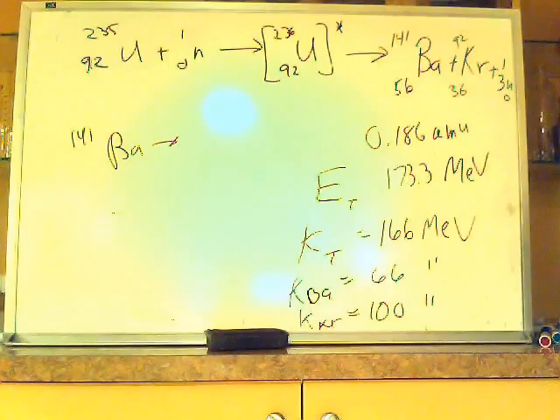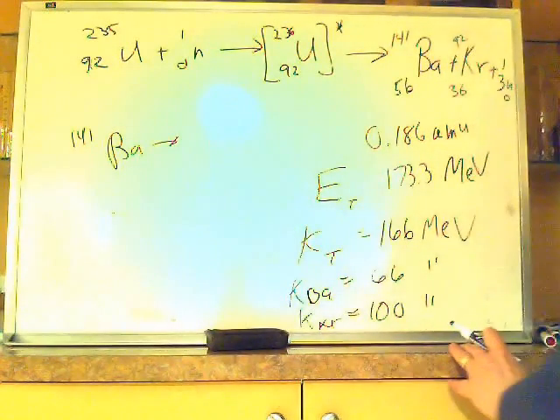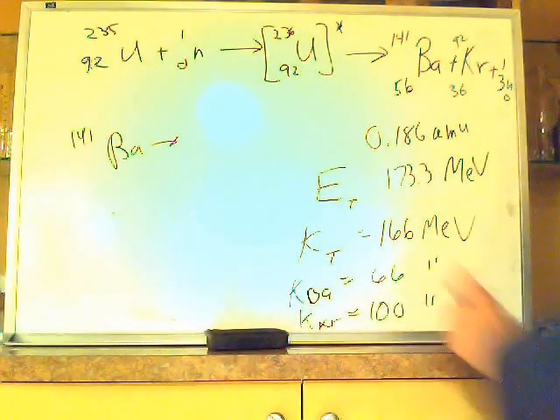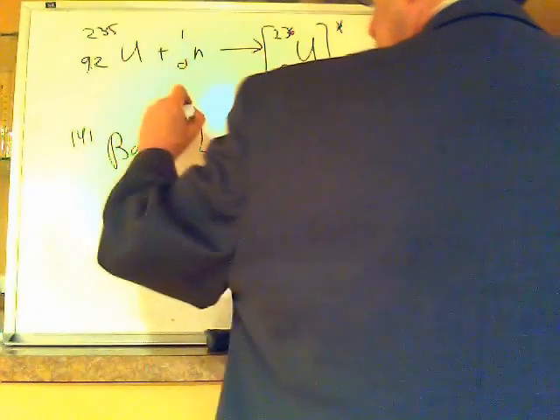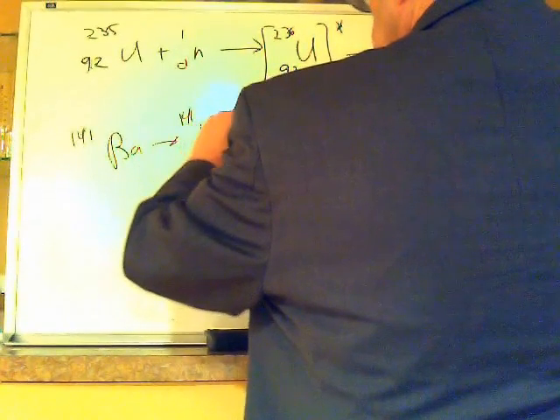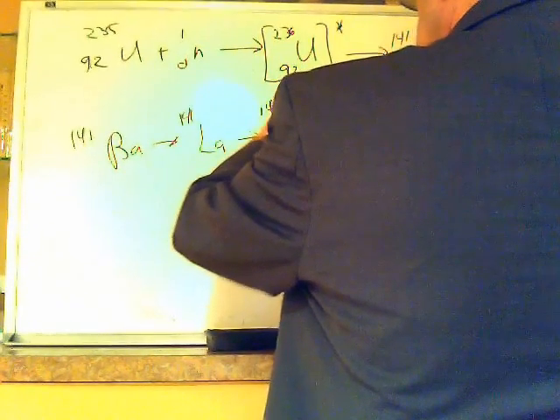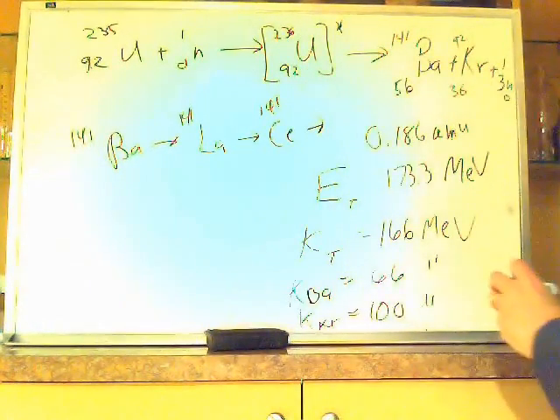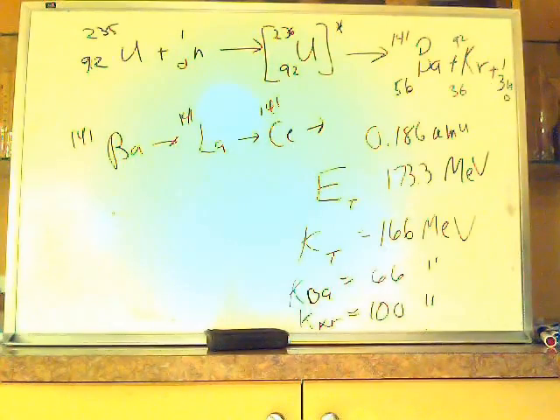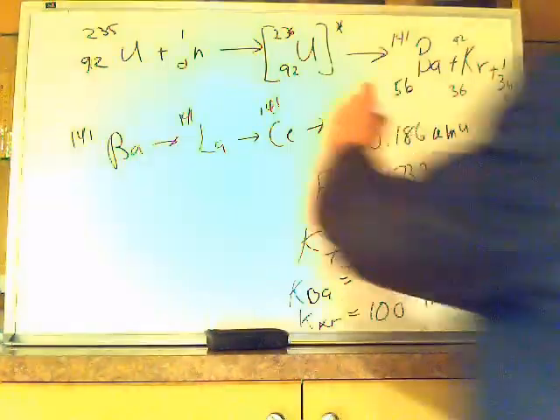So barium undergoes a series of 3 beta decays. It goes to lanthanum-141, and then to cerium-141, and then finally it decays to the stable isotope, praseodymium-141.